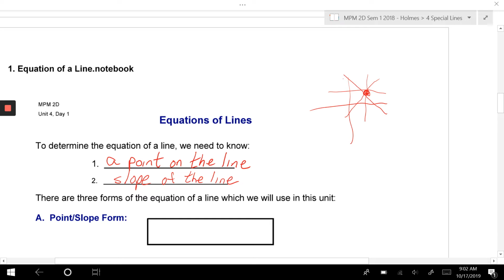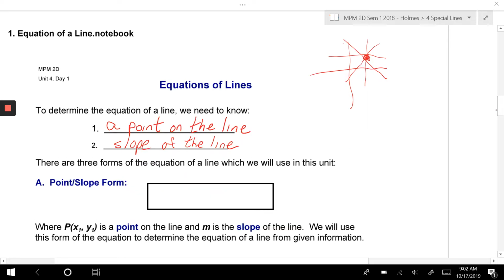And what we saw is that there are three standard forms for an equation of a line. One is the point slope form, and we want to use that if we're given a point and a slope. That was derived last year from the slope of a line, and the equation becomes y minus y1, with y1 being the point that we're given, is equal to the slope m times x minus x1, where x1 is on the point that we're given.